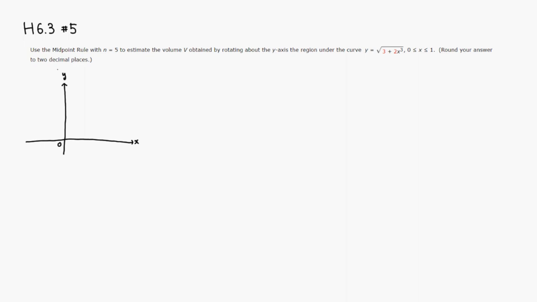I believe it's going to look kind of like this. Then x is between 0 and 1, so we are looking at the 1 here. And so this is the region.